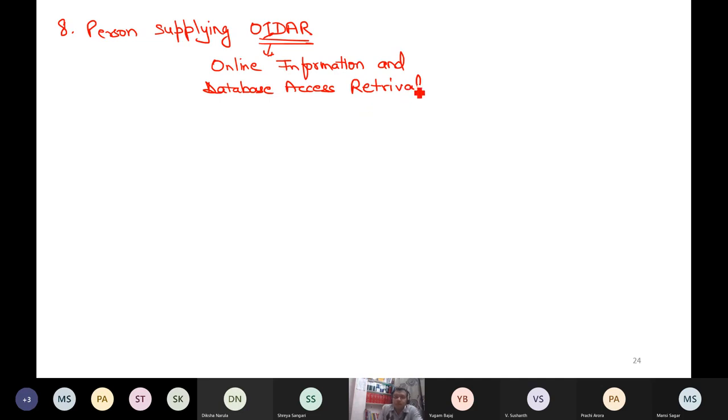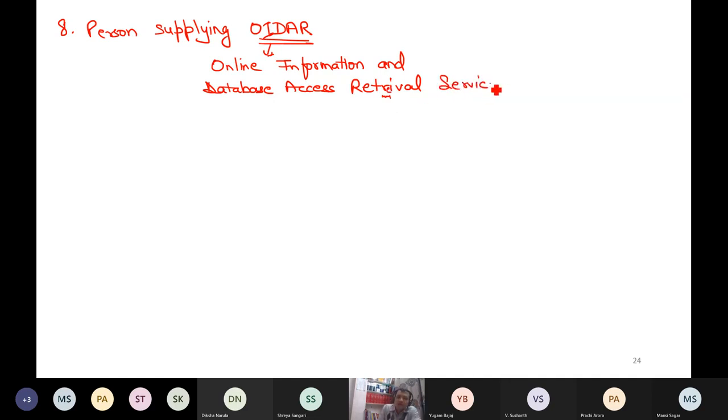There is some mistake in the spelling. Retrieval services. Can you tell me the spelling of retrieval services? I think I need to check. Okay, retrieval services.